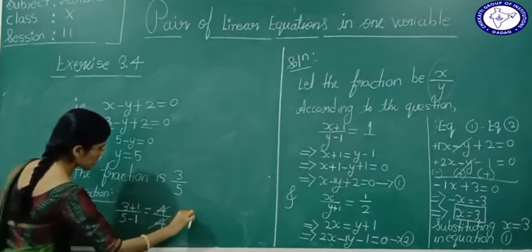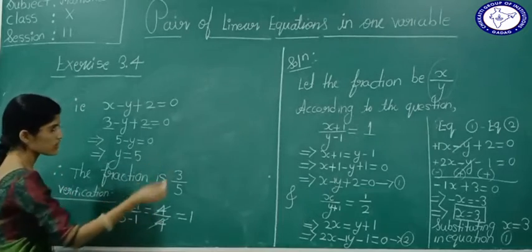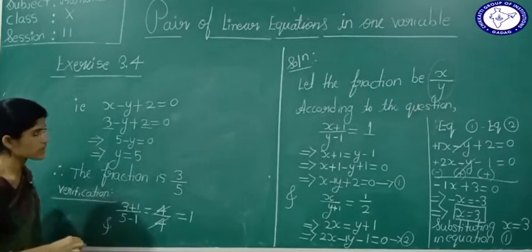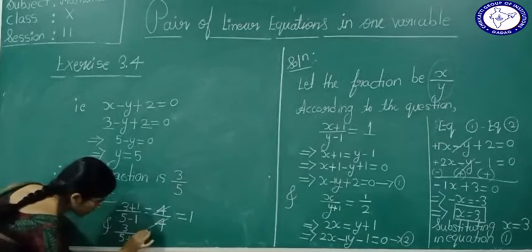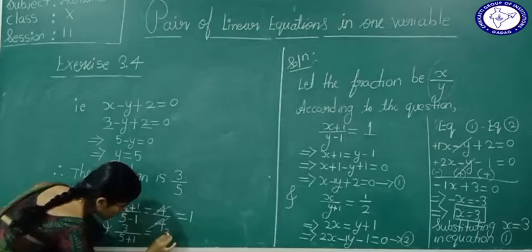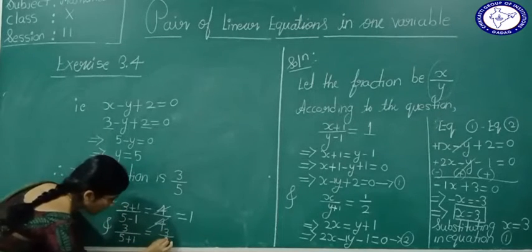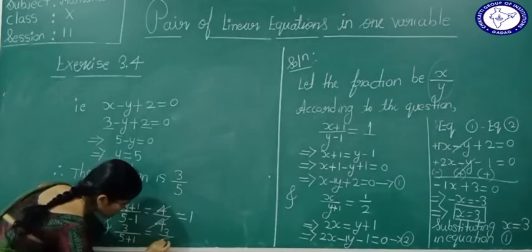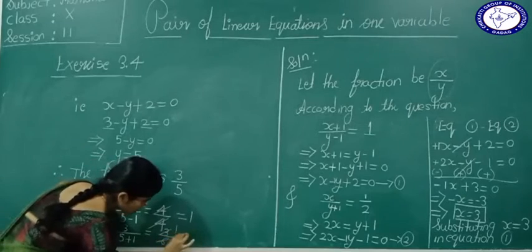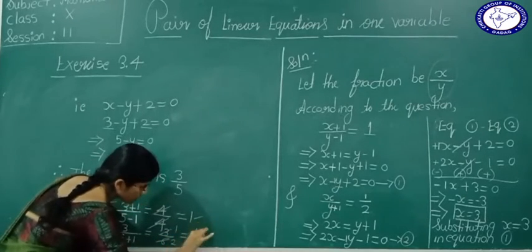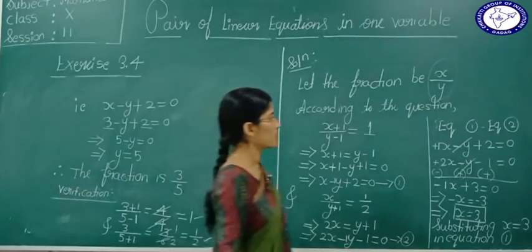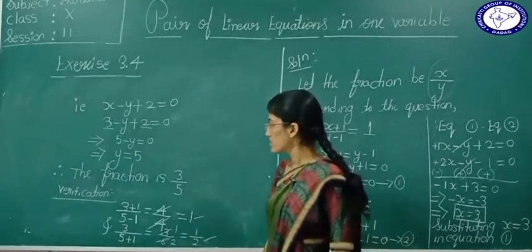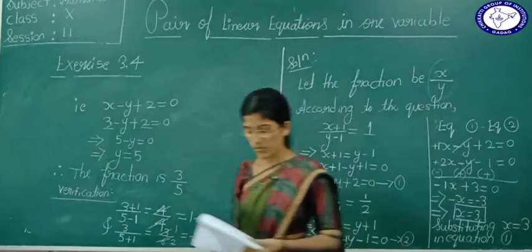This fraction is reduced to 1. Again, one more condition. What is that? In this fraction, if we add 1 to the denominator, this fraction will reduce to half. 5 plus 1 is 6. 3 ones are 3, 3 twos are 6, so it is half. We got it. Therefore, the fraction is 3 by 5.